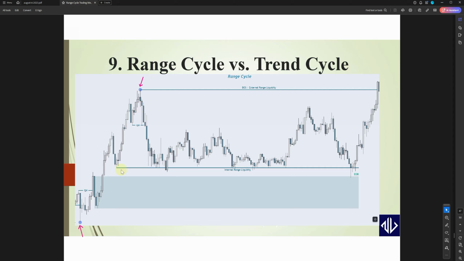And then we have the internal range liquidity. Once the market has taken the internal range liquidity, what are we looking for? Below any kind of POI, we are looking for the external range liquidity. And that external range liquidity is what? The breakup structure. And the second part is my favorite topic, the trend cycle.